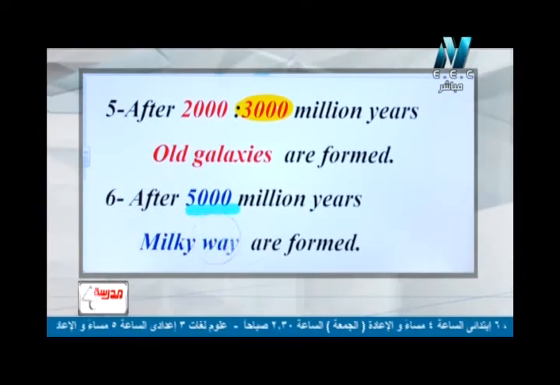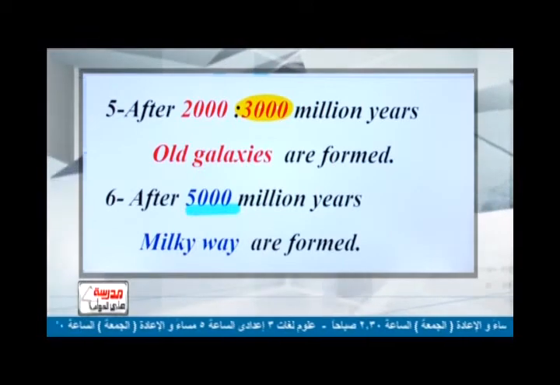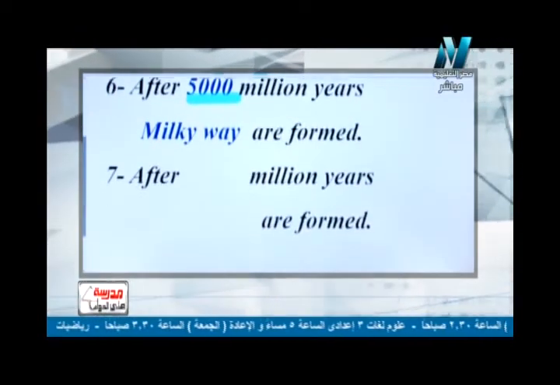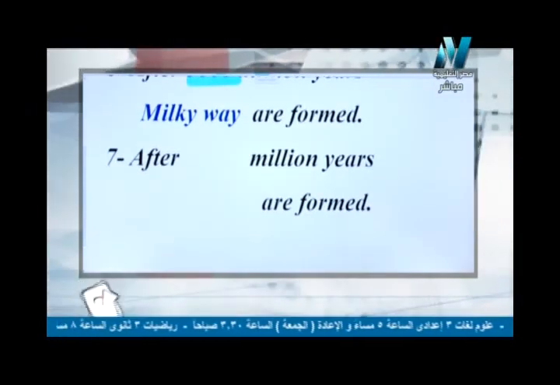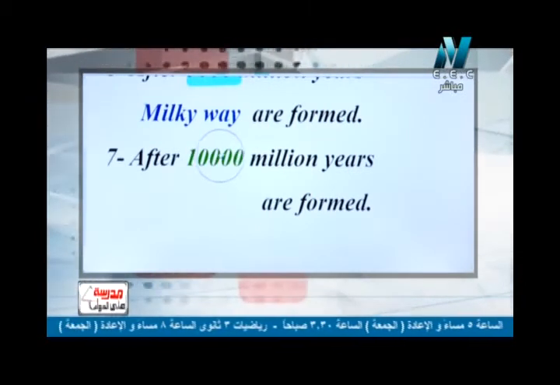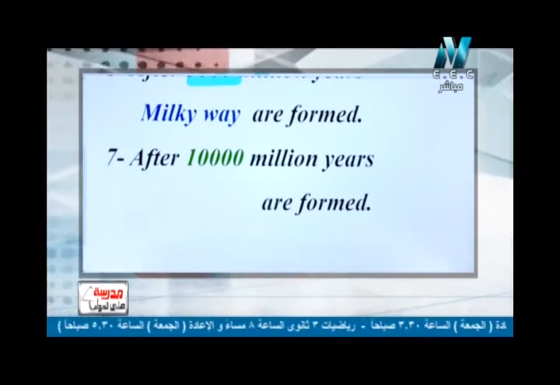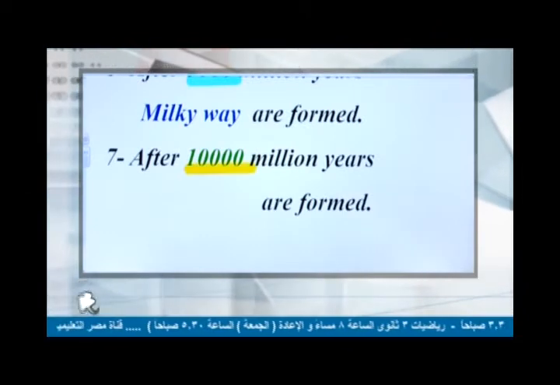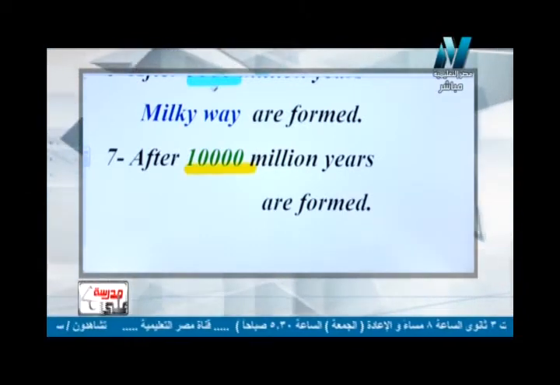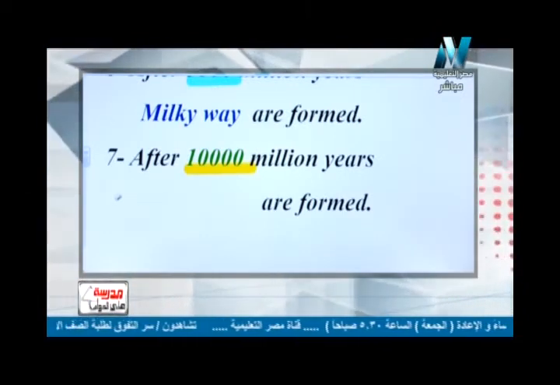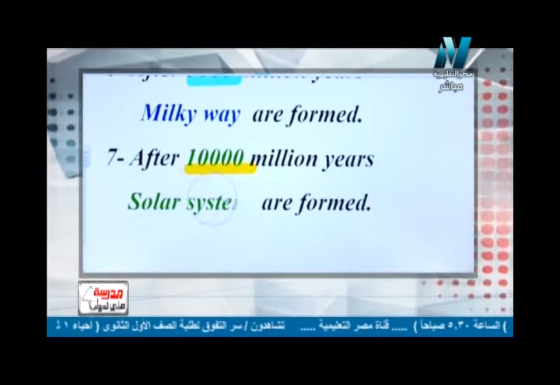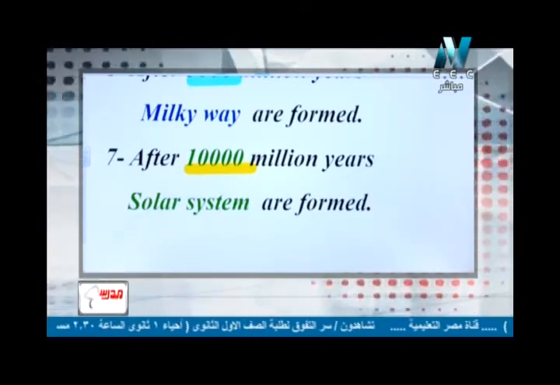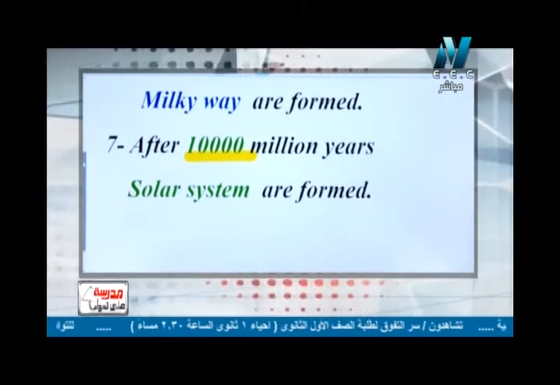The Milky Way galaxy is formed. Number 7, after 10,000 million years. After what, 10,000 million years? I said Milky Way is number 6, so number 7 will be what? Yes, the solar system, or the components of the solar system, are formed.